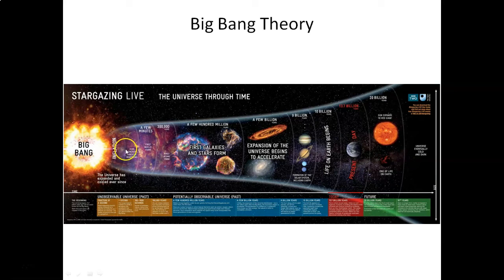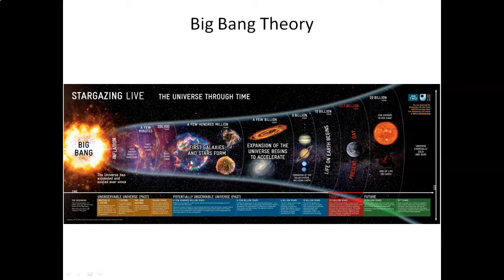We have a period of rapid expansion, our inflation period, at which point it starts to cool, and we start to get the formation of our protons. Okay, and then we have it expand more and more, cooling and everything. And then we have the formation of our first atoms.